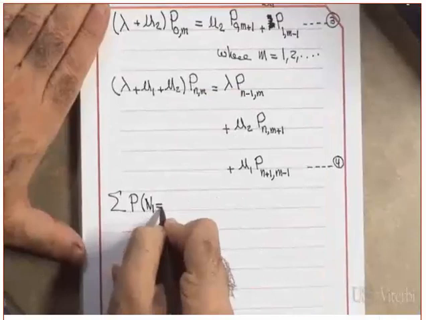Both waiting and being served. The number of packets in Q1, i.e. N1, and the number of packets in Q2, i.e. at any given time. Any given time, same time.